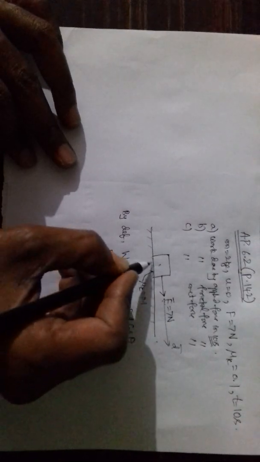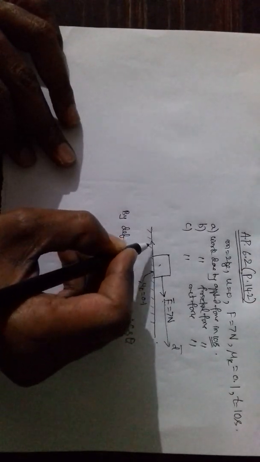Now, if you are pulling the block to the right hand side, if you apply force to the right hand side, frictional force arises towards the left hand side.